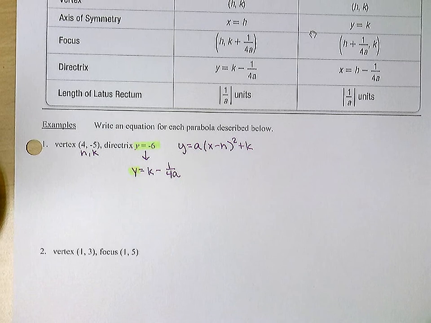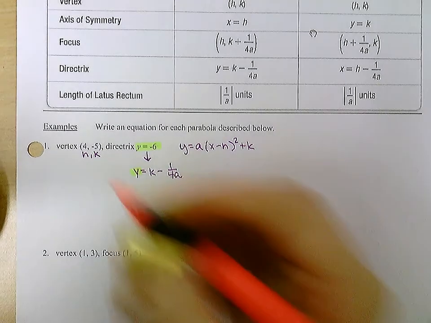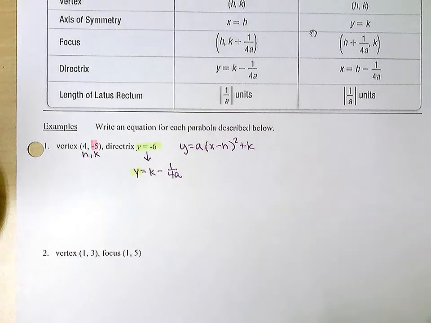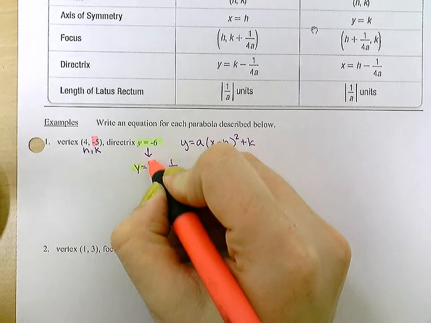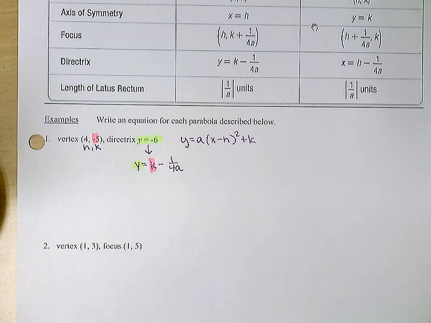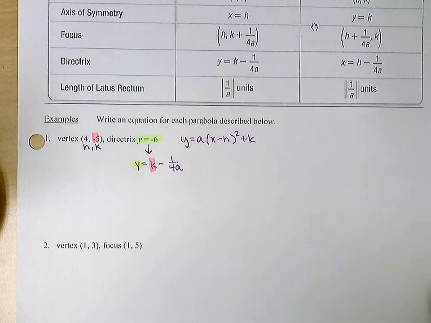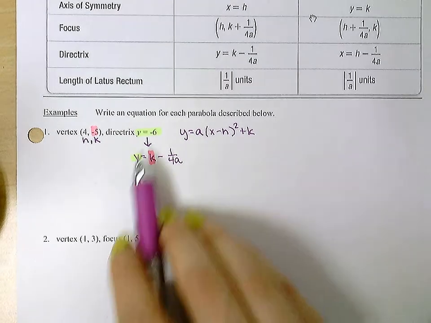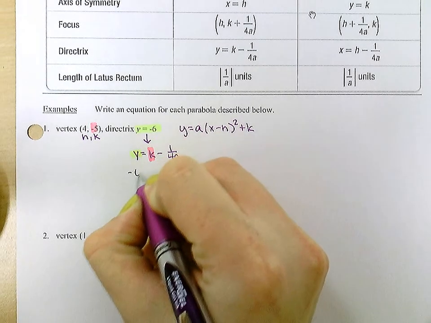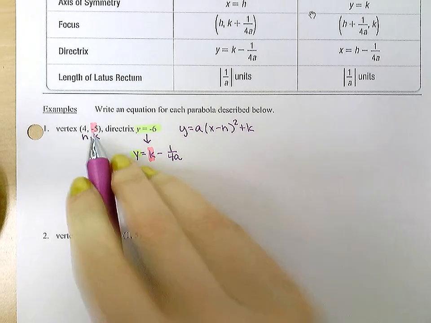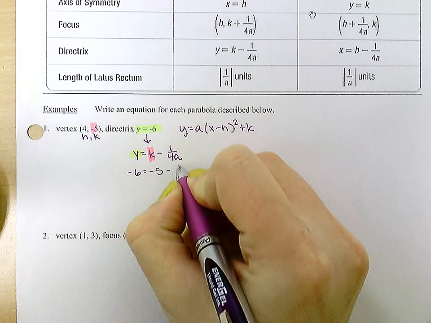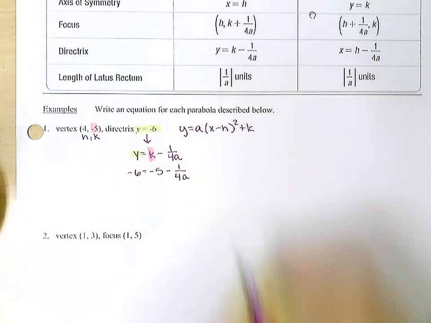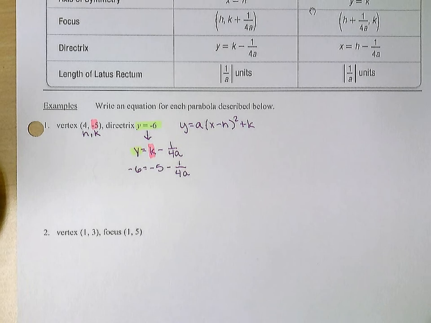I also know what k is, k is -5, so in this k spot, I'm going to plug in -5. So for y, I'll plug in -6 here, and for k, I'll plug in -5. And then I have minus 1 over 4a. From here, I just want to solve for a.